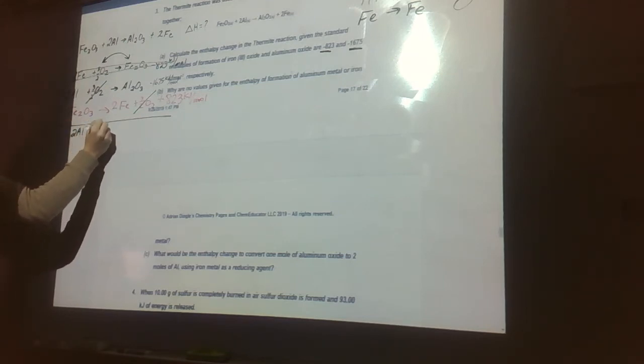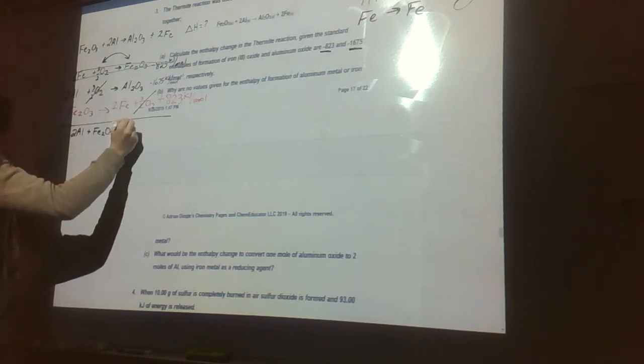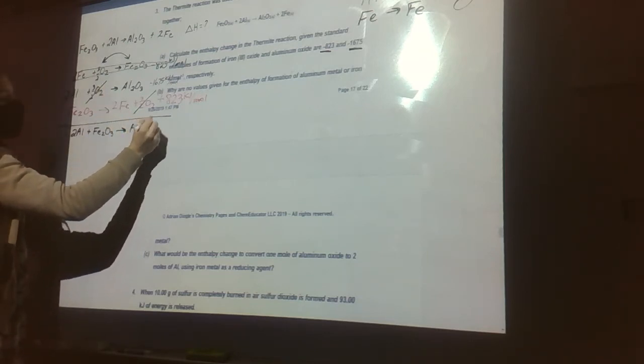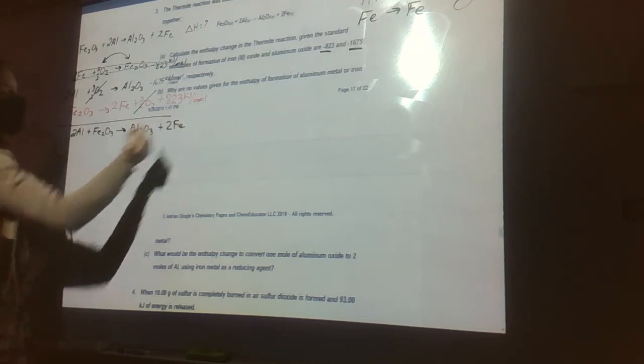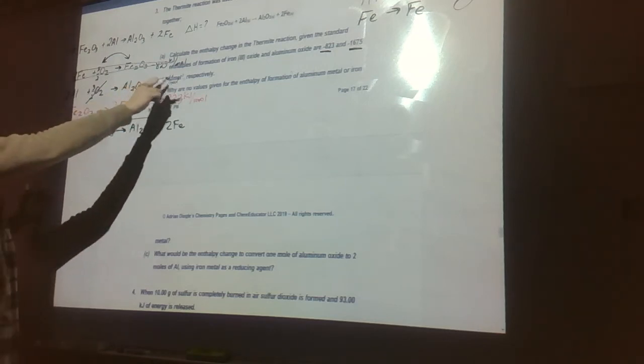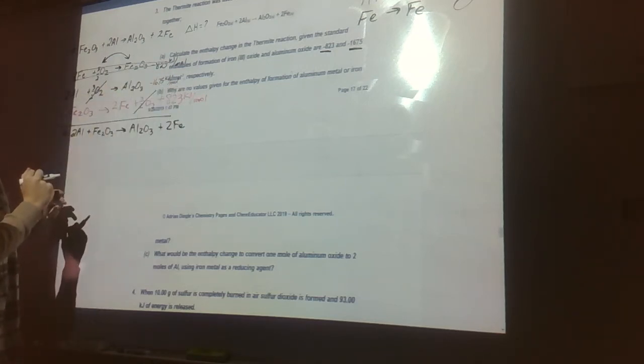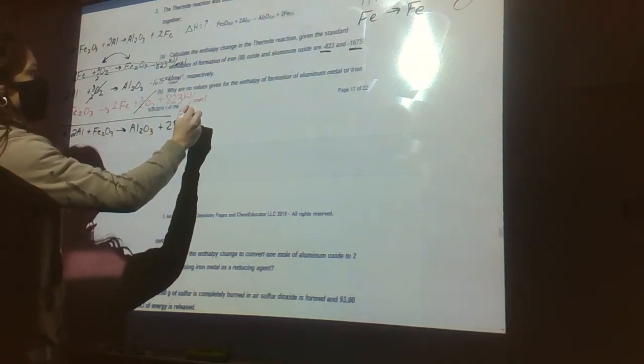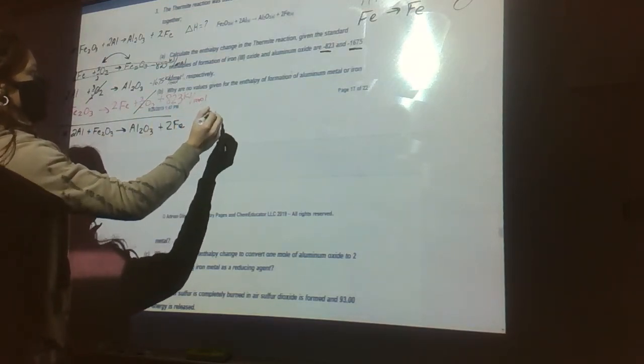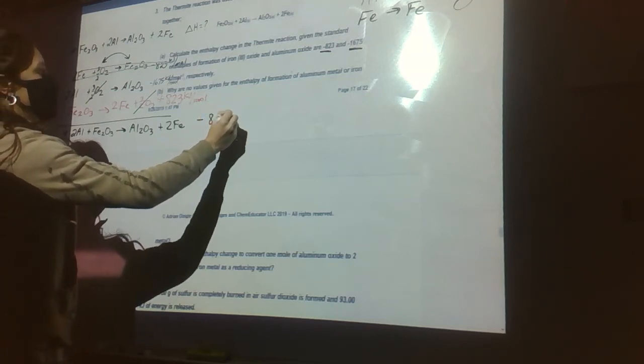Now I have 2 aluminums plus iron 3 oxide makes aluminum oxide and 2 irons. If this matches this, and it does, you can add up your 2 values and you get negative 852.